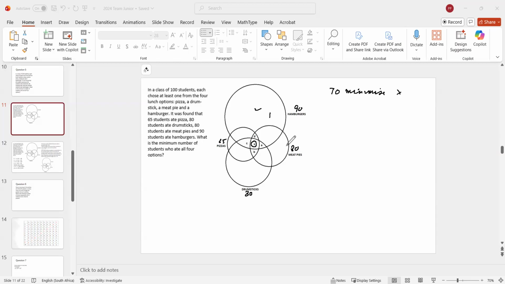So this group is the group which ate only 1 item. Then these people ate 2 items, 1 hamburger and 1 meat pie, and they didn't eat any of the other 2.